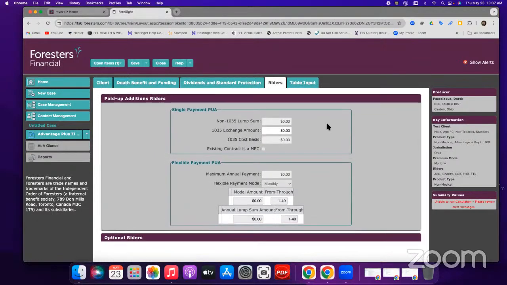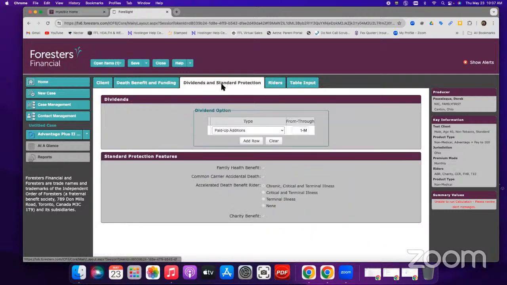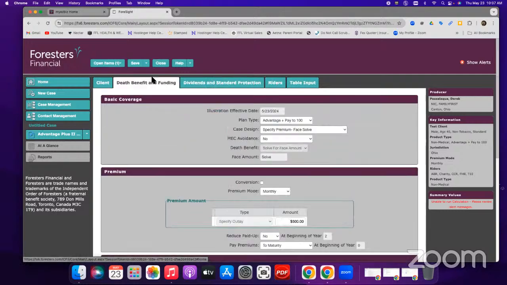Okay. What does 800 a month get us? Shouldn't be this difficult. You should just be able to punch in a death benefit and get an output.